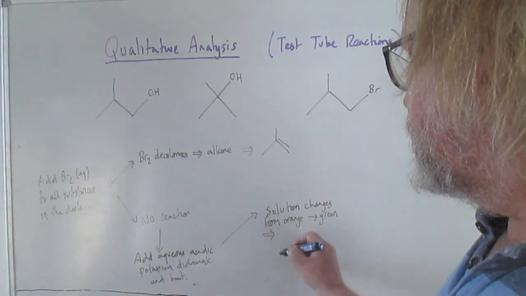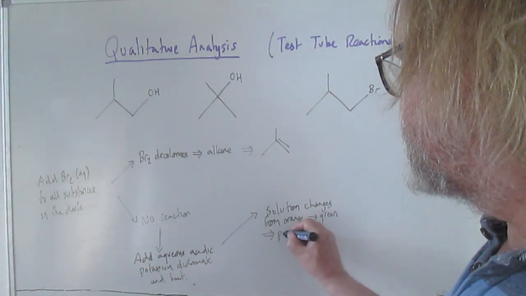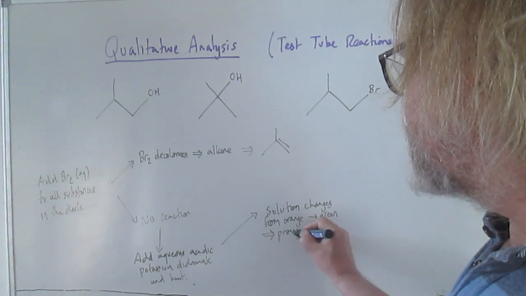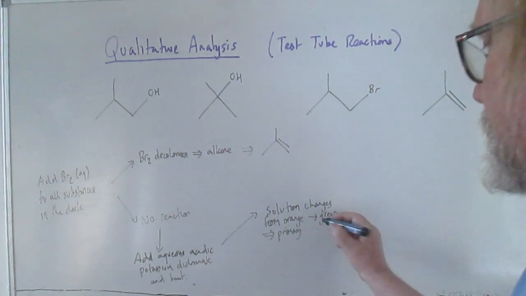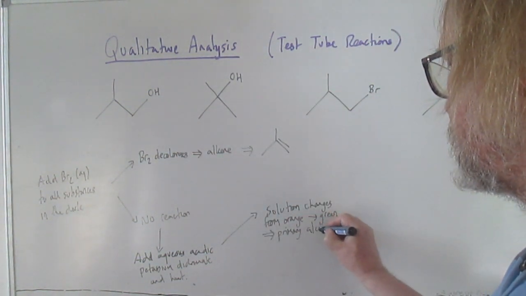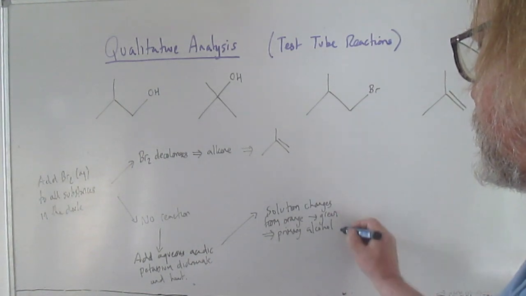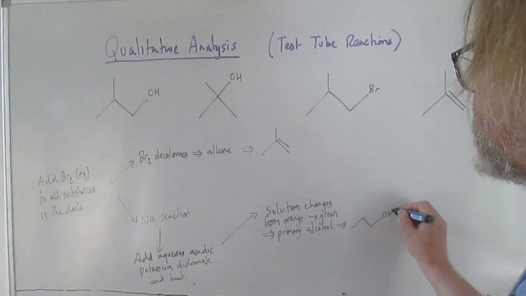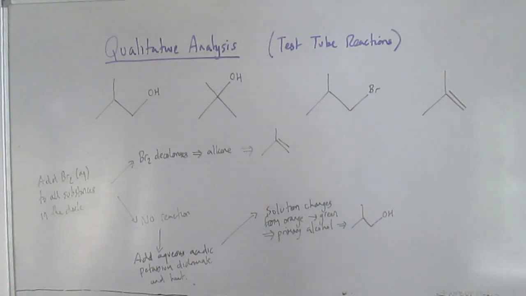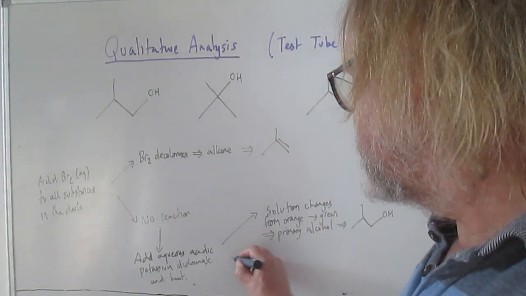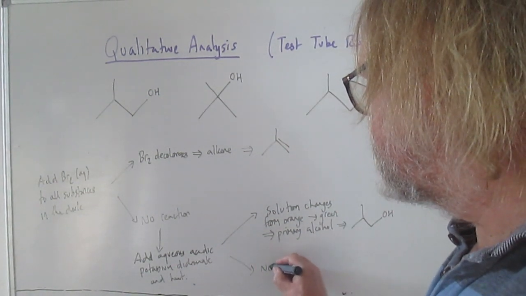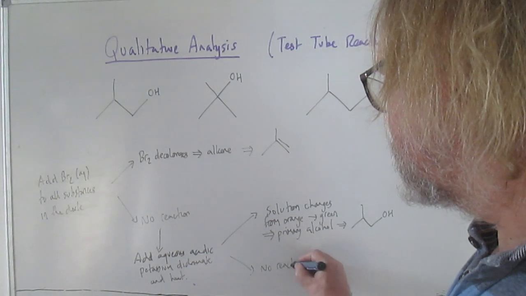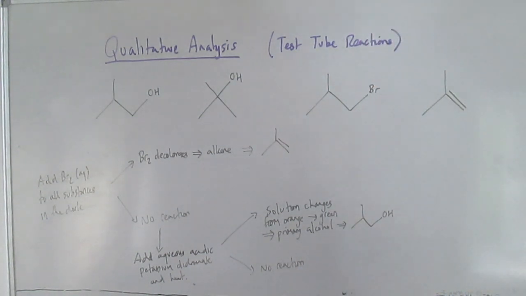That means that it's a primary, or it could be secondary alcohol, but we haven't got a secondary one here, so we'll say that's a primary alcohol, which is this one. So that would be that one identified. If there's no reaction, then we're down to the other two. So we've got these two now.